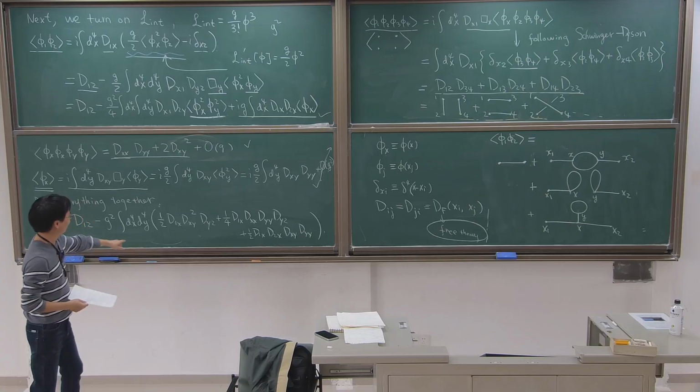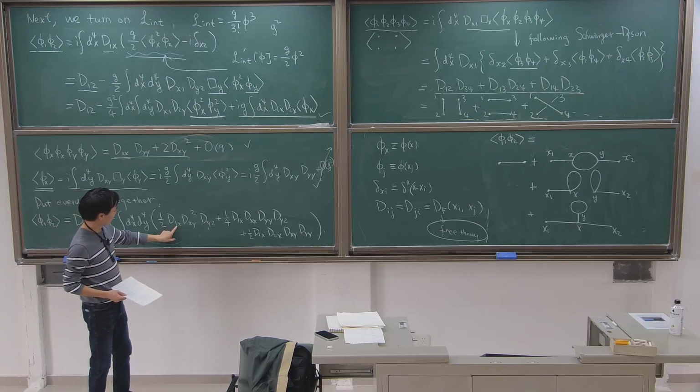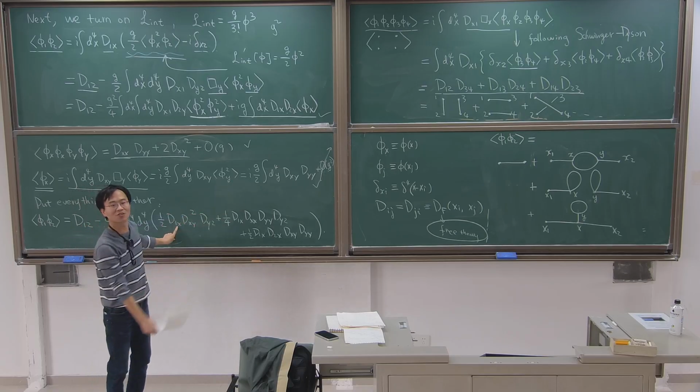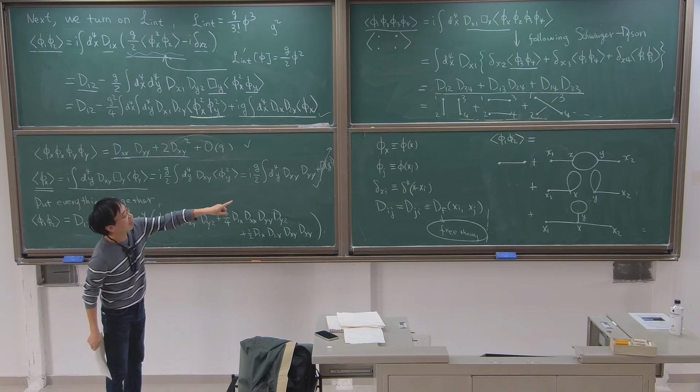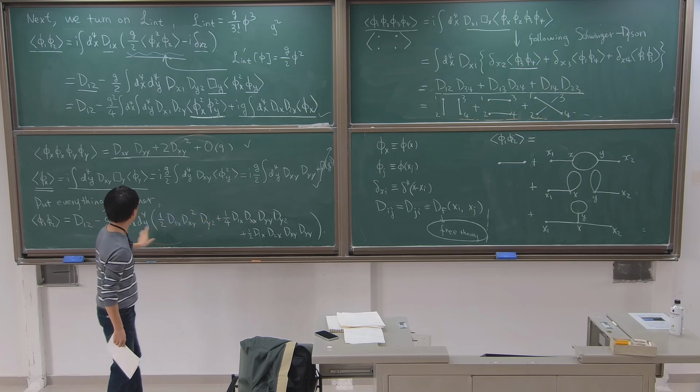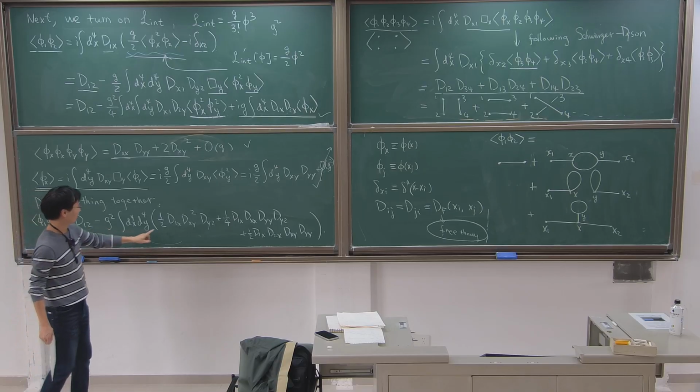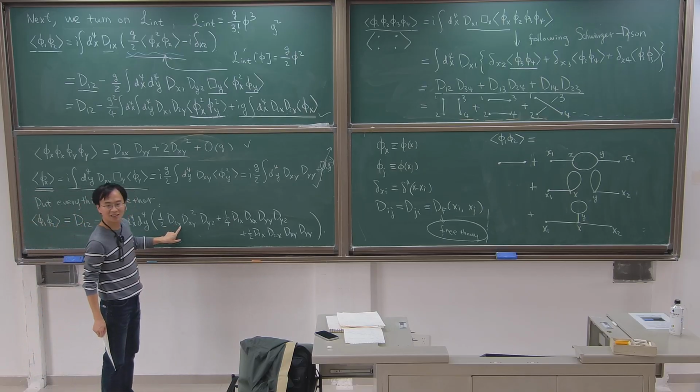You see? This is a propagator from 1, meaning x1, to x, according to my notation. The first term is the straight line from x1 to x2. This is from x1 to x, times another from x to y.